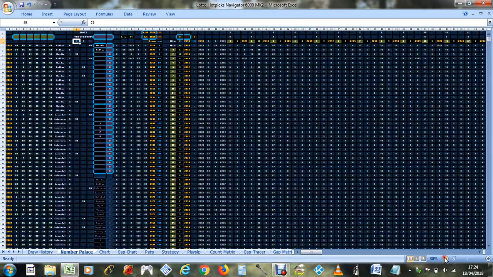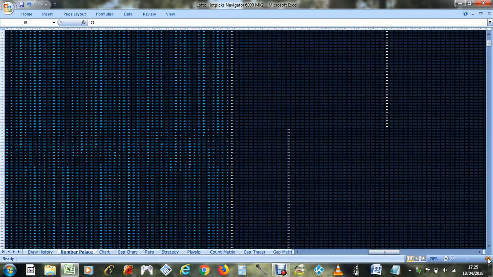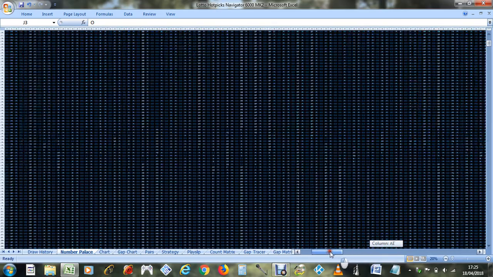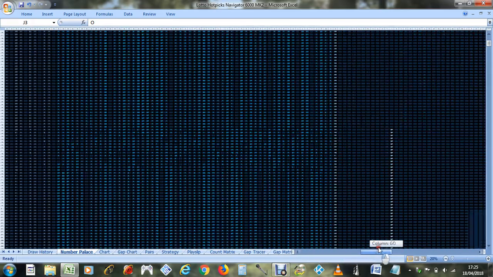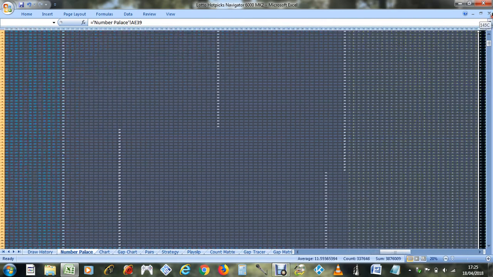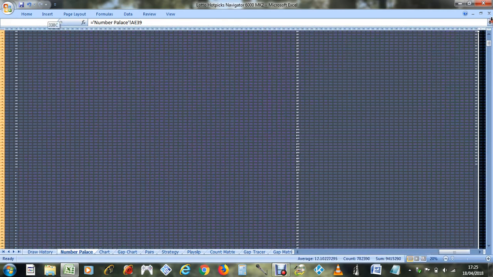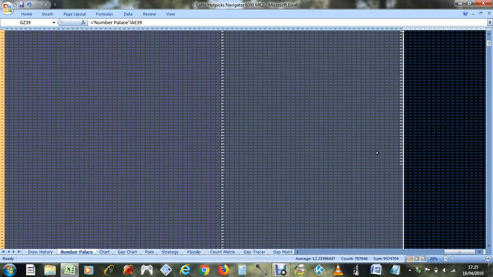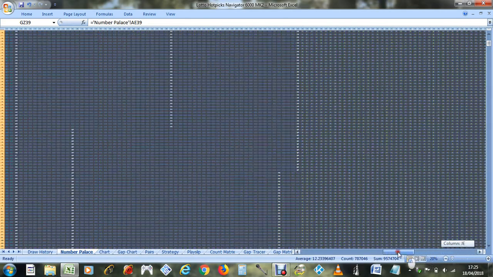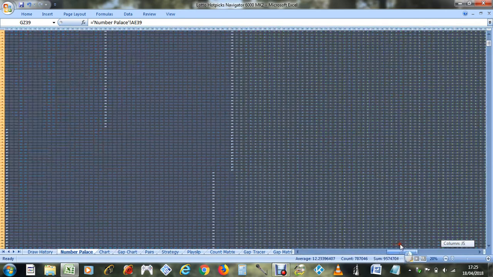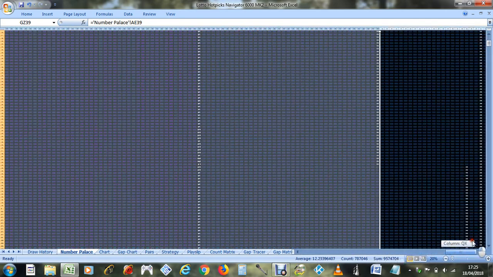So I've had to expand this spreadsheet to include these new sections that basically look at every outcome. They measure how overdue each number was, or how frequent, or how overdue for its frequency it was.